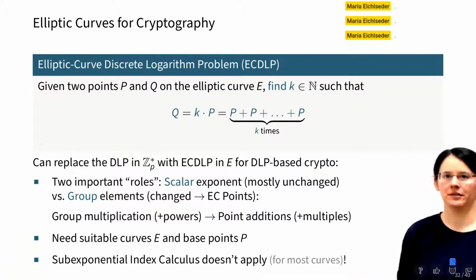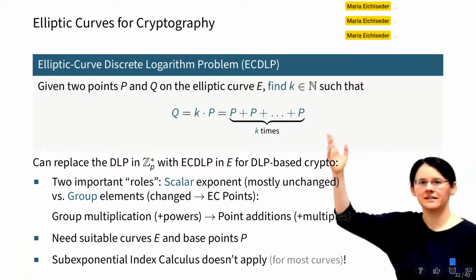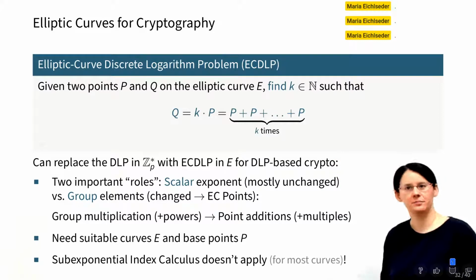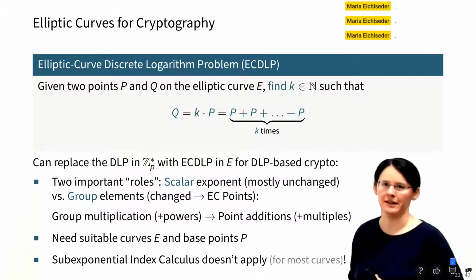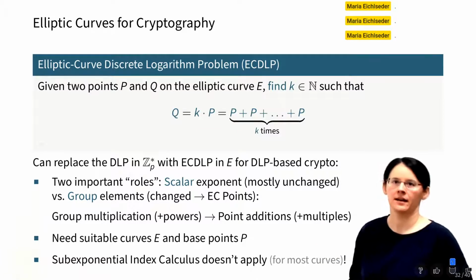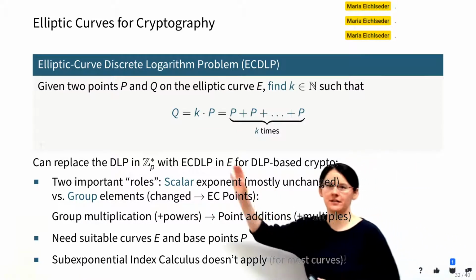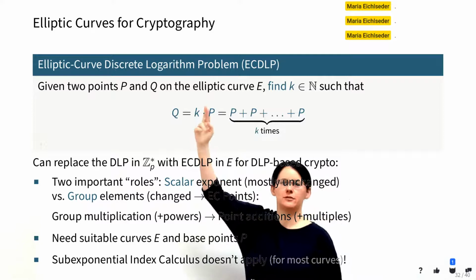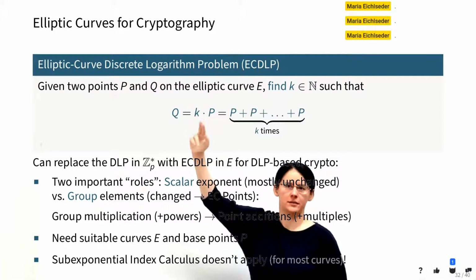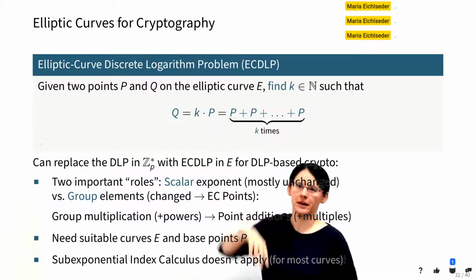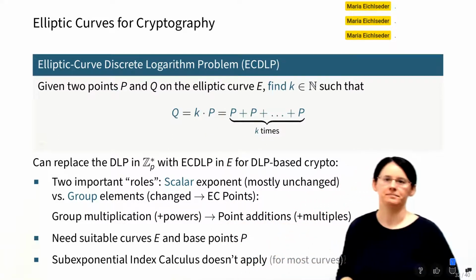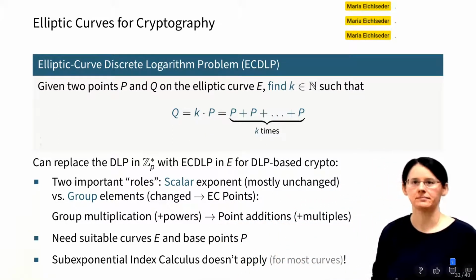What can we say about this? We can see that the problem looks very similar as before, except that we are always using this addition instead of the multiplication in the notation. And we can also again separate these two roles. This k is what used to be the exponent in the previous schemes, whereas the P plays the role of the basis.